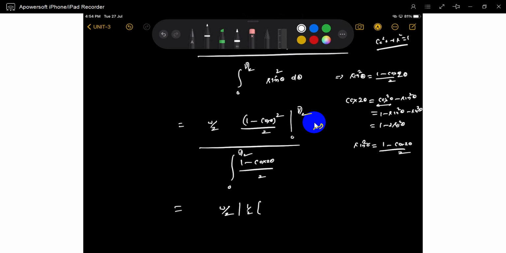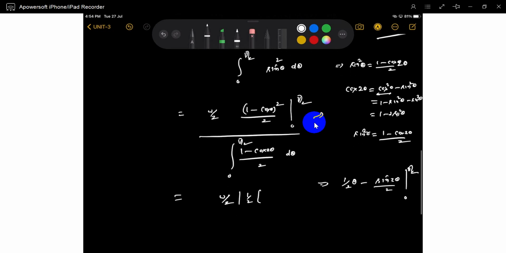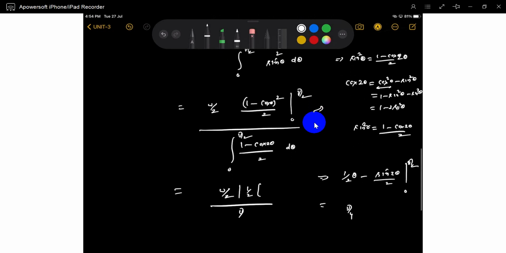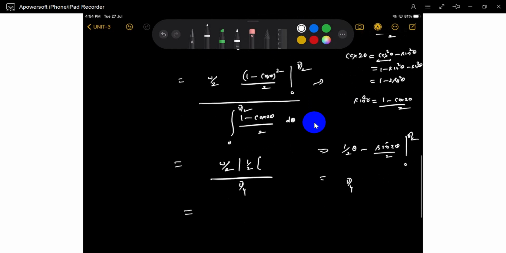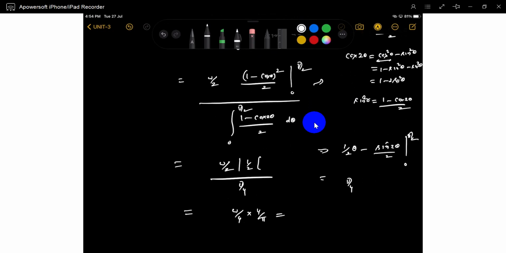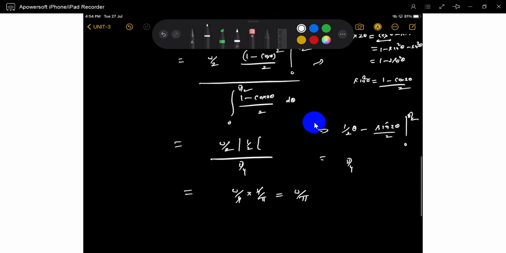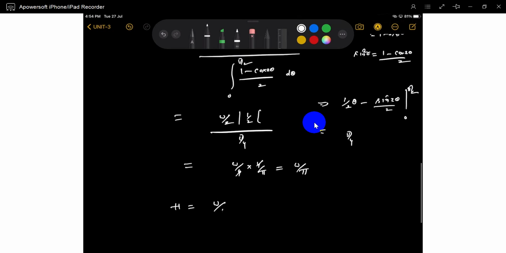So what remains is pi by 4. So pi by 4 into 4 by pi gives W by pi. That's it. H is equal to W by pi.